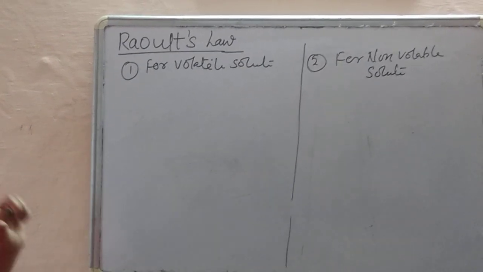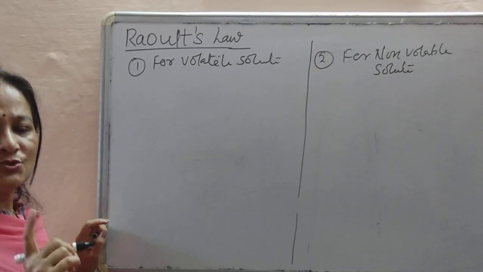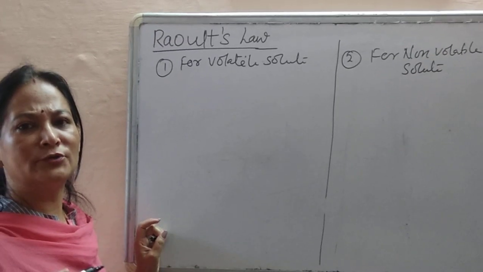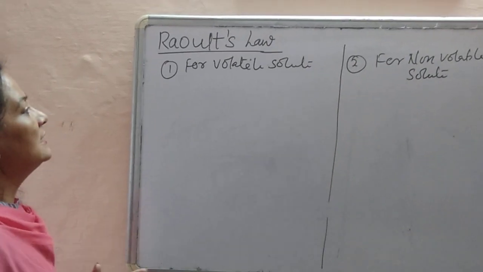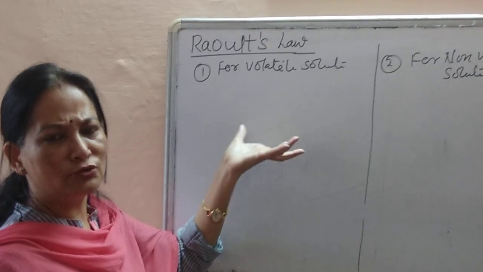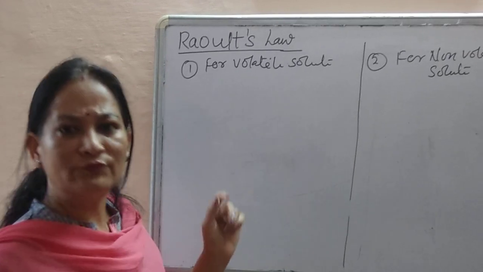So now, Raoult's law for volatile solute. Yesterday I told you that in our class 12 syllabus there is only binary solution. A binary solution has only two components, one solute and one solvent. Today we are discussing the solution having a volatile solute, and we know that the solvent is always volatile because we are taking the universal solvent, water.